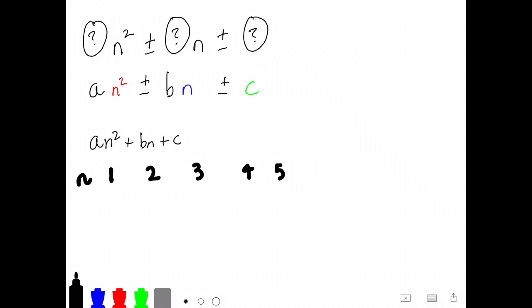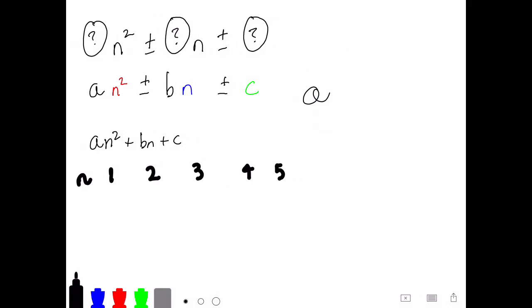So, for example, the first one would be a multiplied by n squared, but in this case, n is 1. So 1 squared is 1, and so therefore that would be a1, and therefore it would be 1a, and therefore it would be just a.